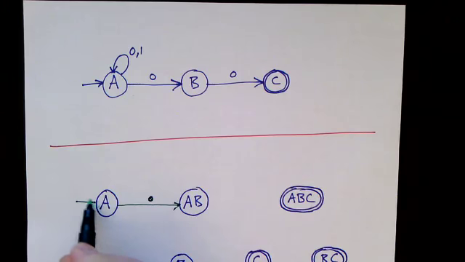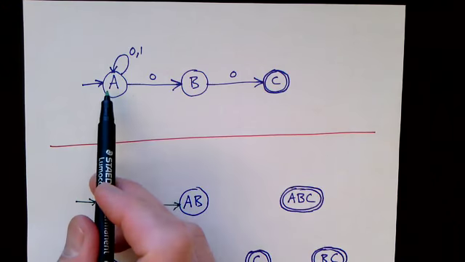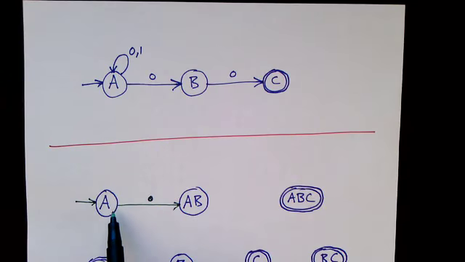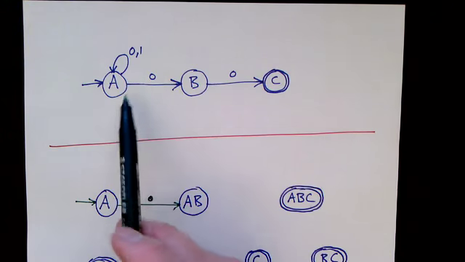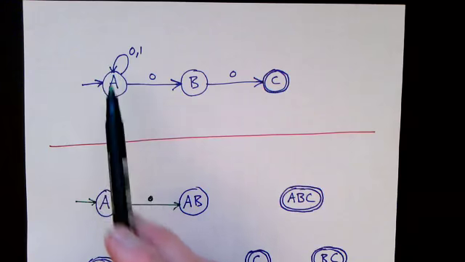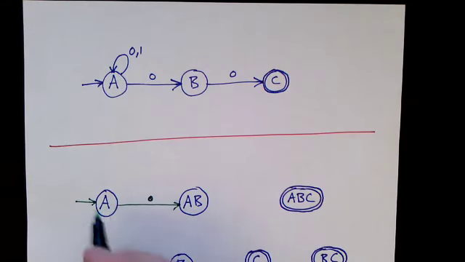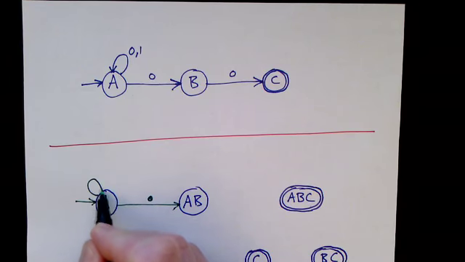A is our initial state, because initially we're in state A alone. If we get a 0, we go to states A and B. Now what about if we get a 1? Well, if we get a 1, we stay in state A, so I'll put the transition here labeled 1.